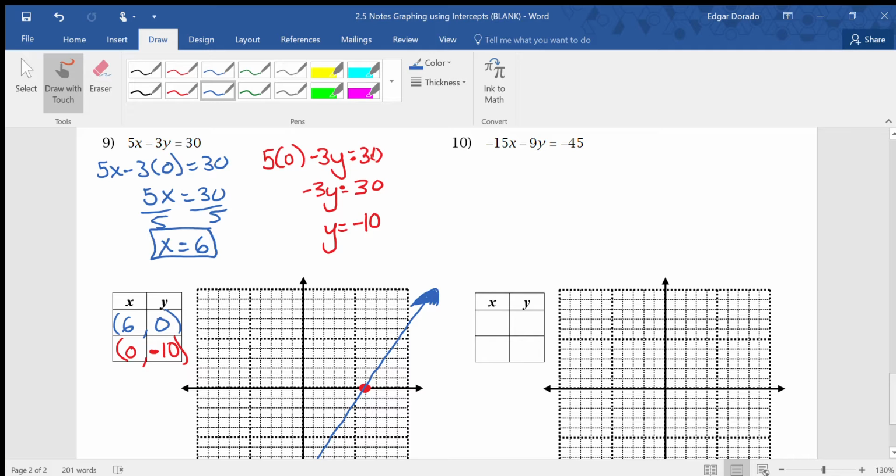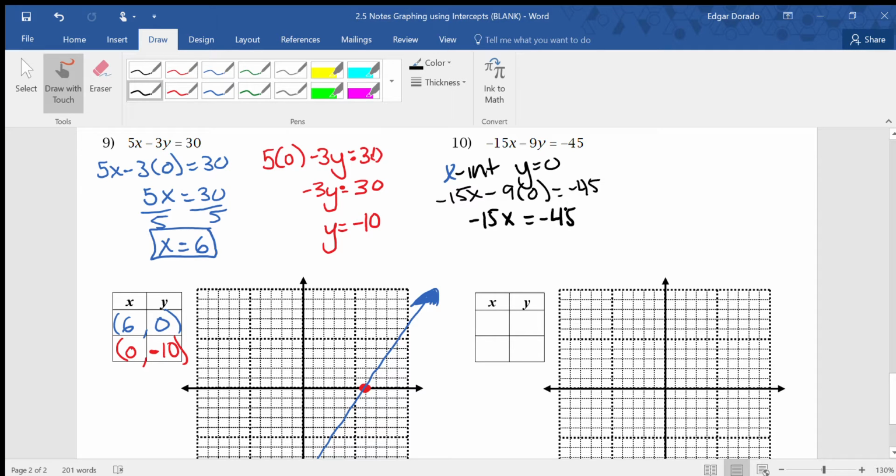All right, guys, let's go ahead and try this last problem out. So again, I'm going to look for my x-intercept first, which means I have to do y equals 0. So let's see, we get negative 15x minus 9 times 0 equals negative 45. Okay, so then we get negative 15x equals negative 45.